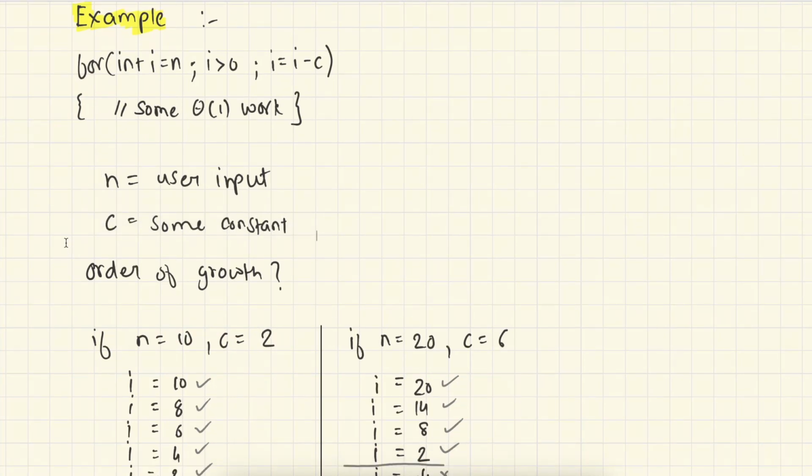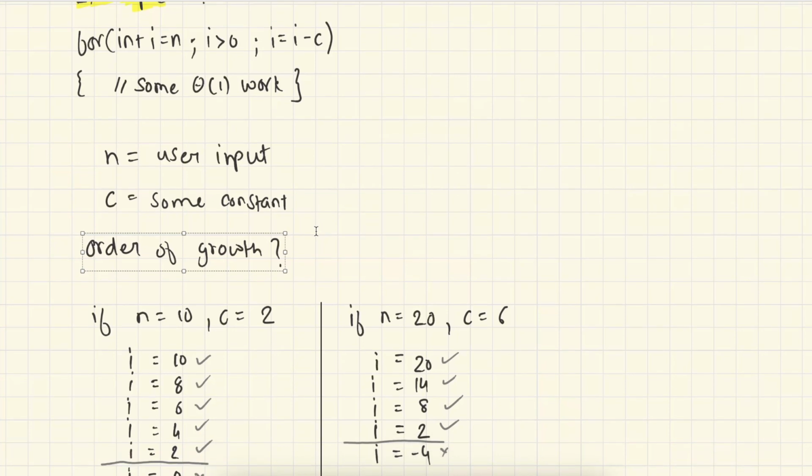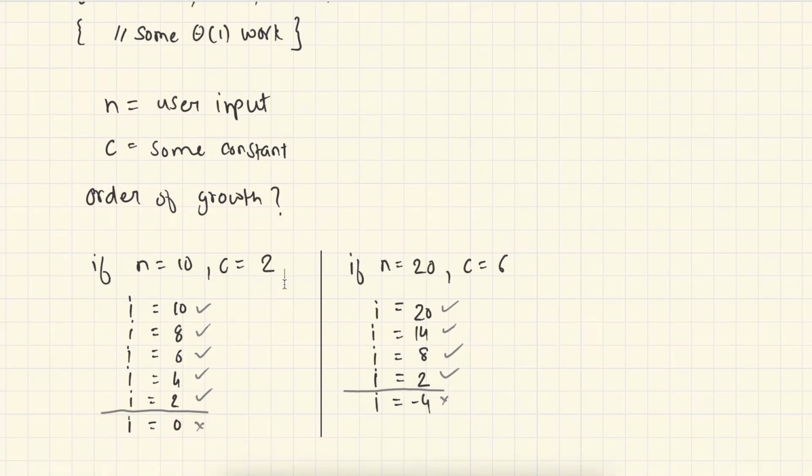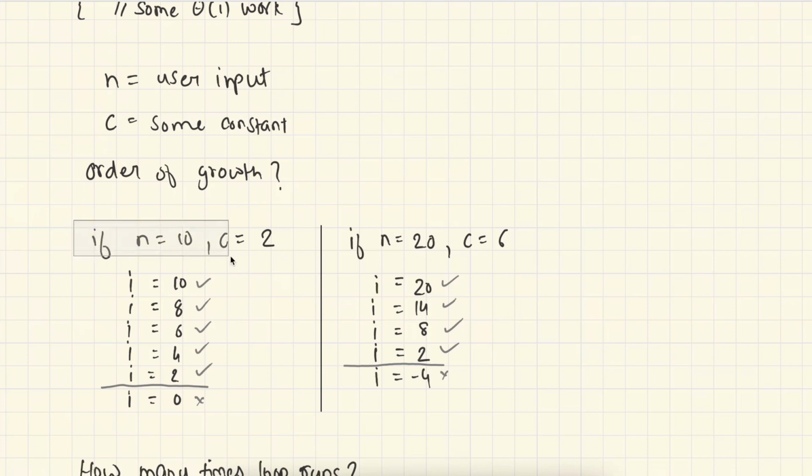Now if I ask what is the order of growth of this function, by just looking at this for loop we can guess the order of growth is also going to be somewhere around n. Okay, so let's use some arbitrary values and dry run this for loop. Let's say n equals 10 and c equals 2. We start our loop from n and reduce it by 2 in each iteration.